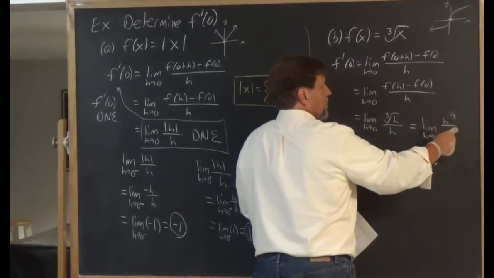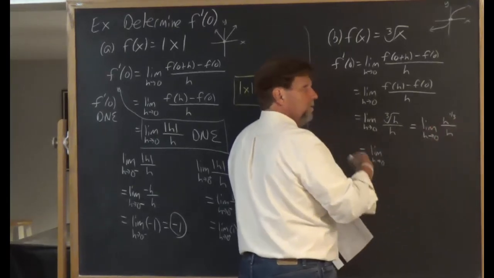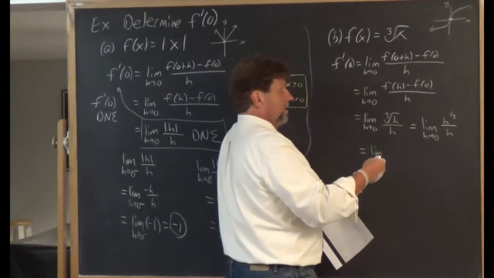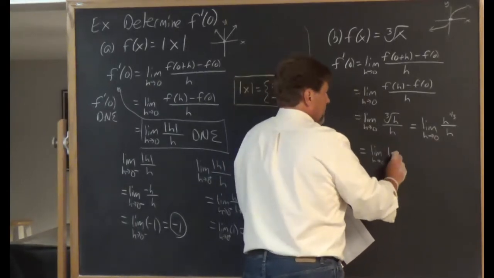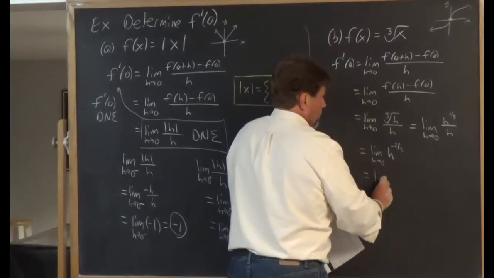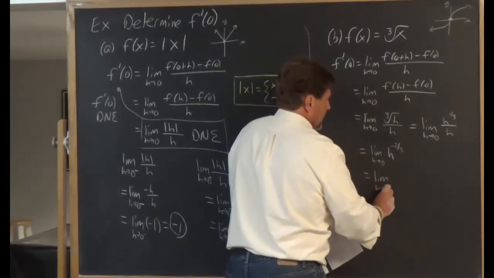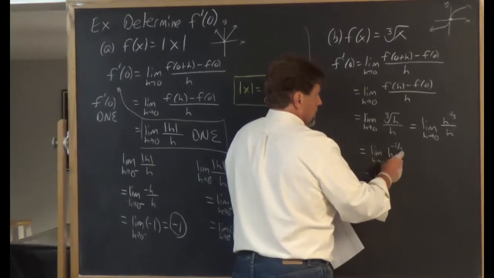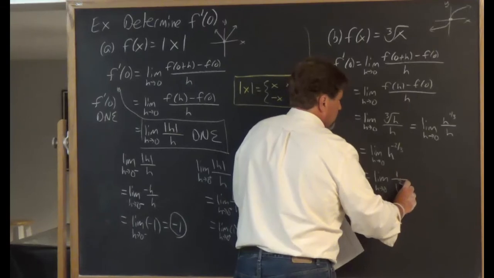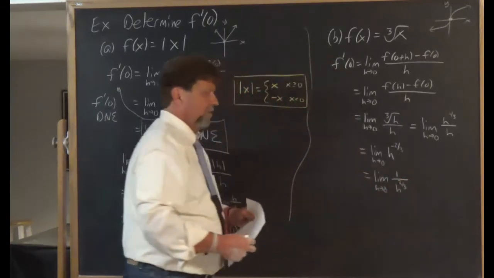So 1/3 minus 1, that's negative 2/3. And an old rule of exponents says I can rewrite h to the negative 2/3 as 1 over h to the 2/3.